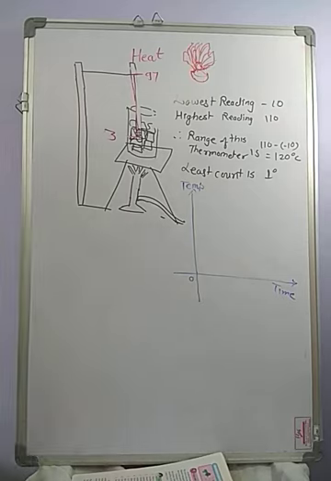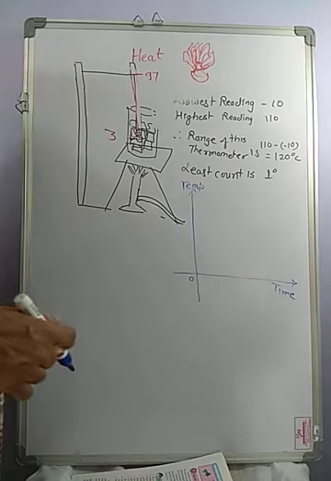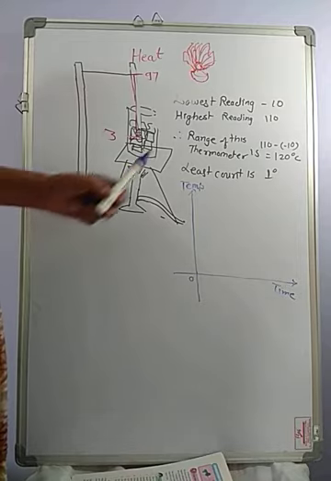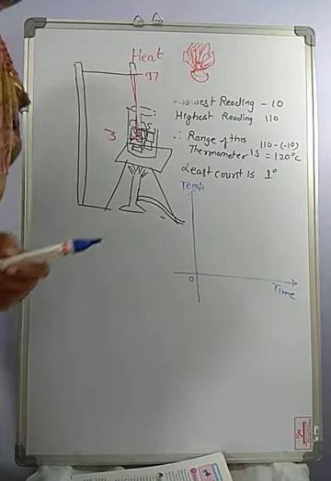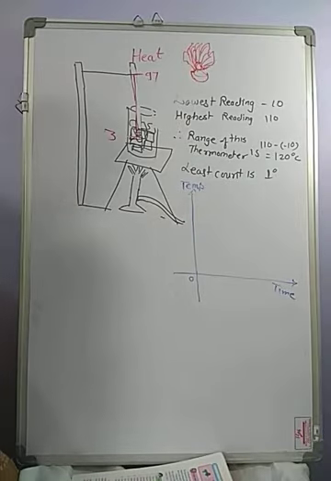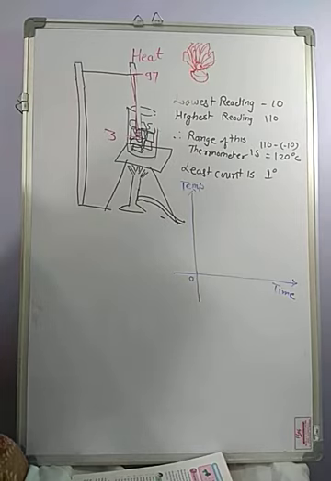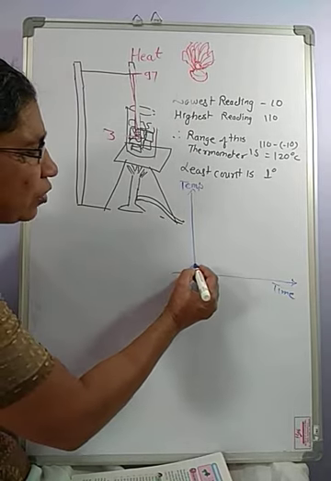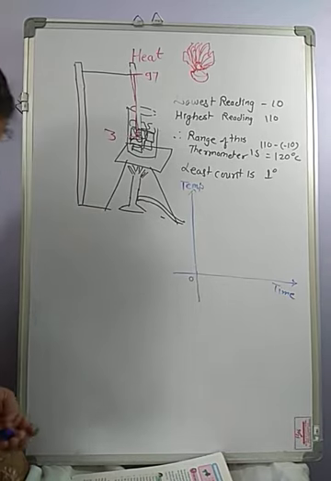What could be the nature of our graph of latent heat? In our textbook, it is given that the water remains at 0 degree for 4 minutes. But in our case, we found that the temperature did not drop to 0 degree. It was near 3 degree somewhere.